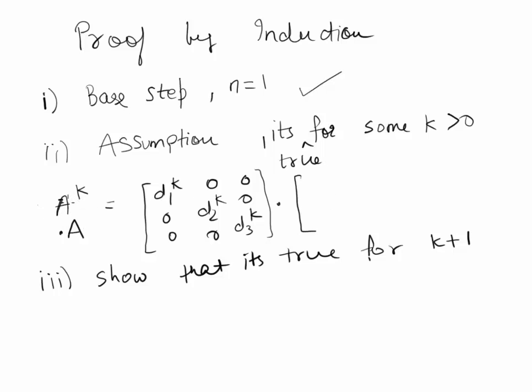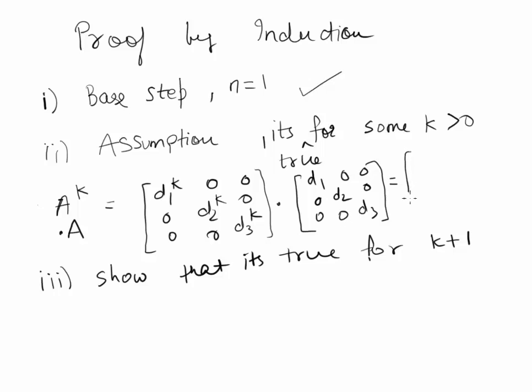And even if you do pre-multiplication, you multiply A in front of this, it doesn't matter, you're going to get the same result. So when I do that, let me write my matrix A, d1, d2 and d3, and all of these are 0.